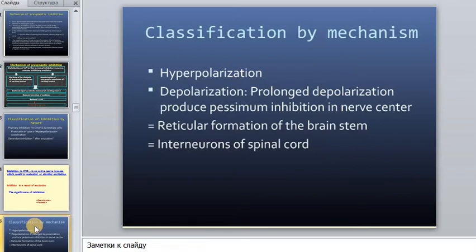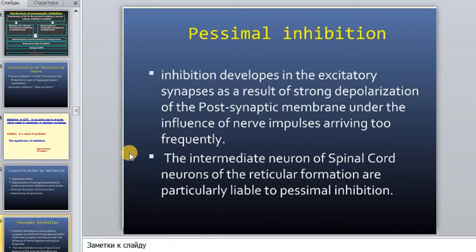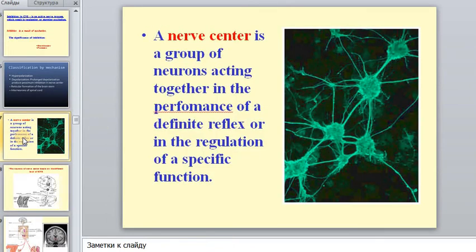This term we discussed some time ago. So, a little bit more for today, we will discuss nerve centers in the central nervous system.